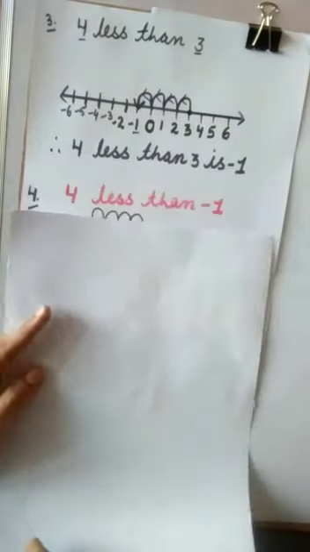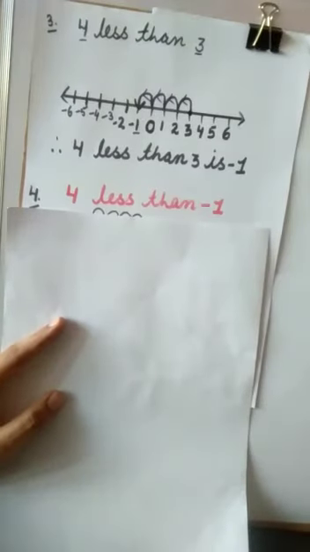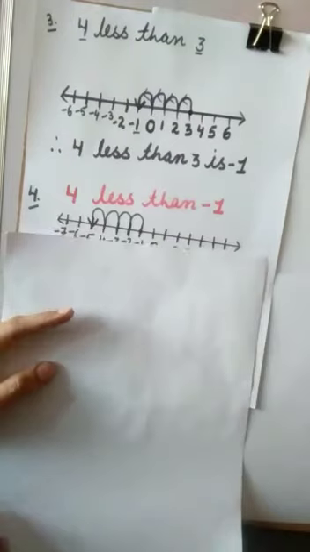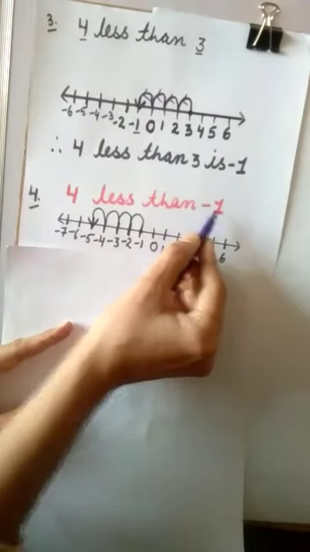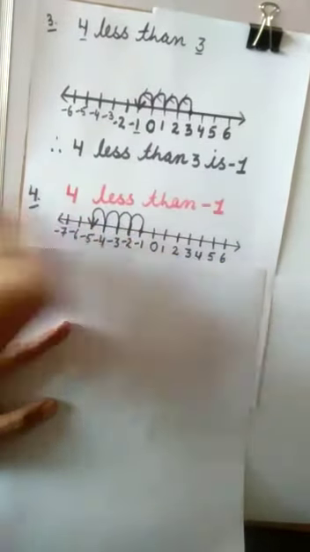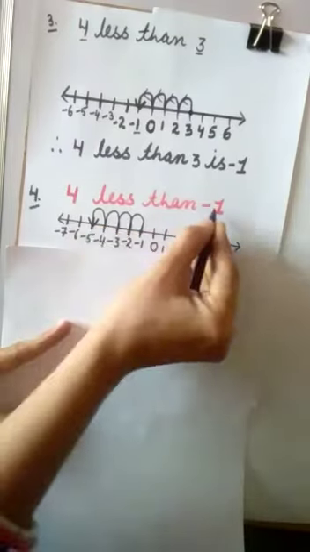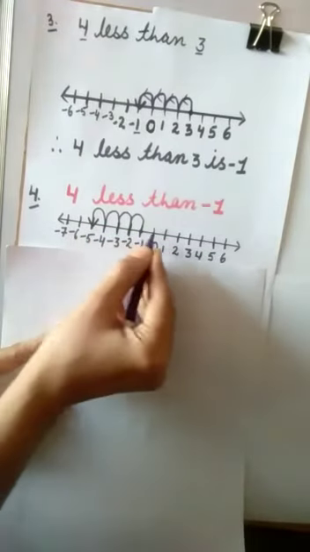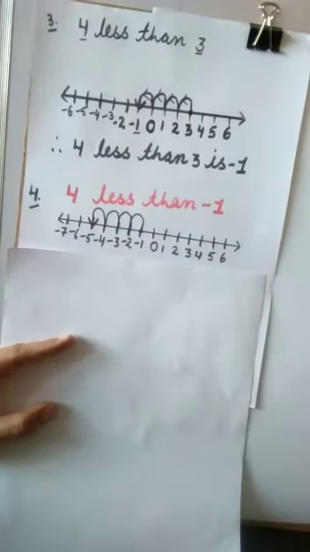Now one more example, 4 less than minus 1. Again we'll take it with the help of the number line. Minus 1, that means we again have to mark less than. We will be moving on the left hand side where the number goes on decreasing. So we will take more numbers on the left hand side, here 0 and some of the positive integers on the number line.